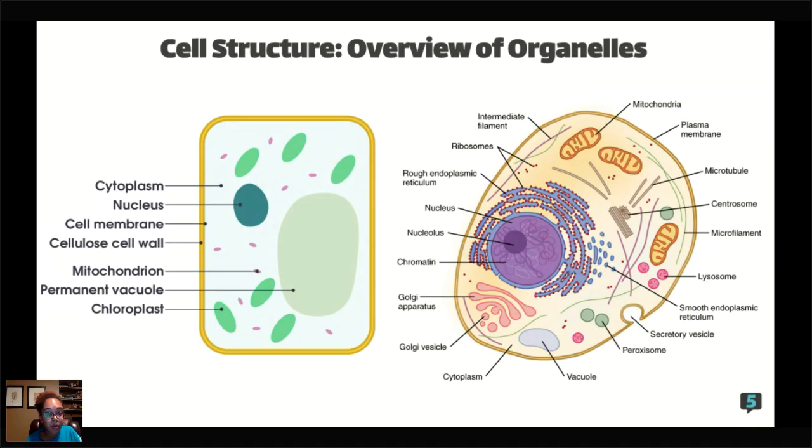So in terms of hypo and hypertonic, the tonicity that we were just talking about, if you have a plant cell in a hypotonic solution, the cell would become turgid. Turgid is the word. Because, again, water goes from hypo to hyper.